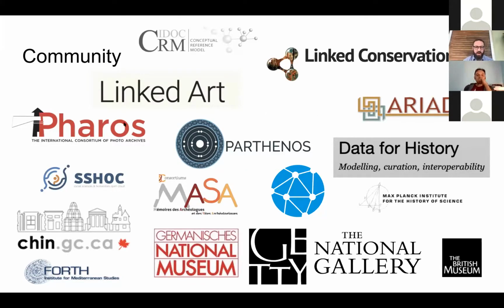So there are groups like Linked Art, FADOS, and Linked Conservation Data, which are basically discipline organized groups that have said, we create data about the same things, and we want to adopt an ontology and specify it for our work so that we can create a merged graph of knowledge to share with our community. So Linked Art is doing that for art collections. FADOS is doing it for photo archives, and Linked Conservation Data is aiming to do it for conservationists.